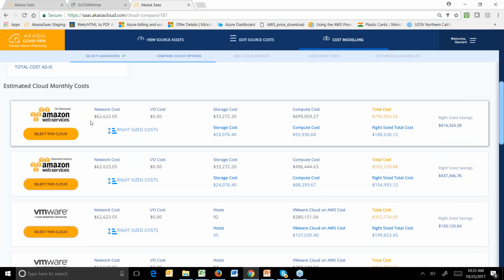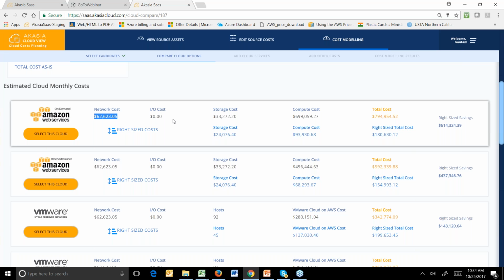As you look at this one, remember we did collect information about networking activities, egress activities. So this was an environment with fairly large network egress activity going on. So the cost of network egress is likely to be $62,000, in that range. I/O cost: there's lots of systems, lots of I/O, but that said, the volume of I/O still falls within the free tier of Amazon.